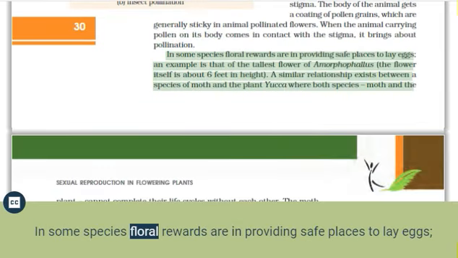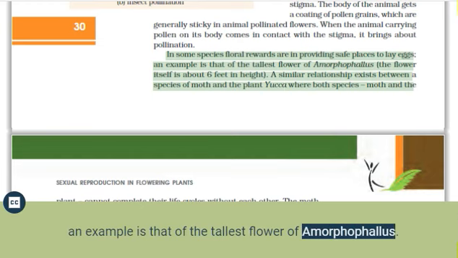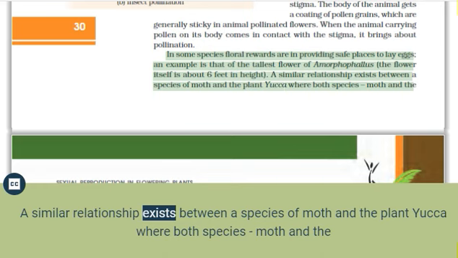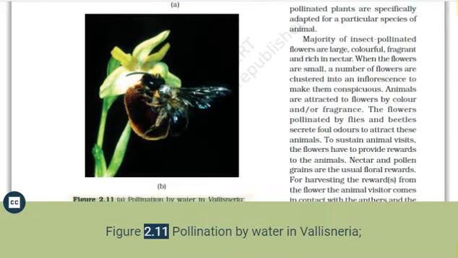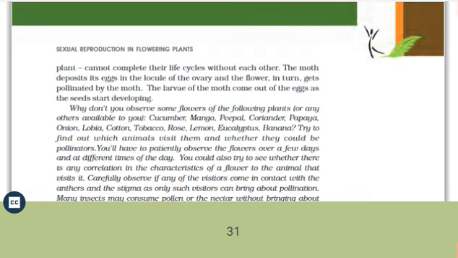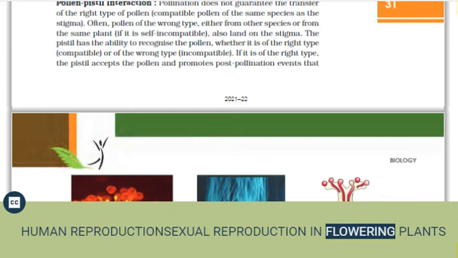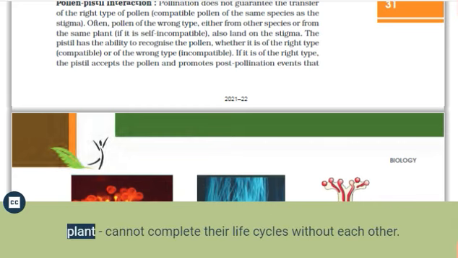In some species, floral rewards are in providing safe places to lay eggs. An example is that of the tallest flower, Amorphophallus. A similar relationship exists between a species of moth and the plant yucca, where both species, moth and the plant, cannot complete their life cycles without each other.